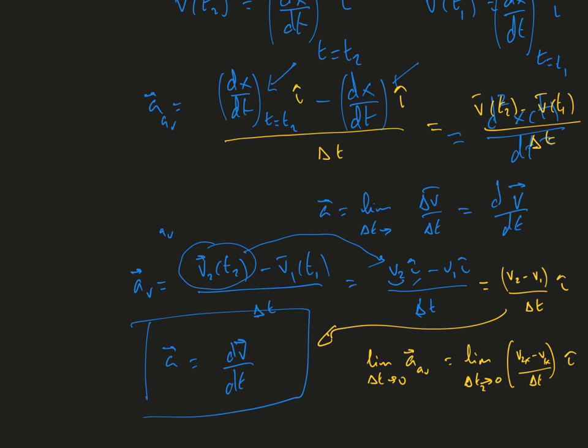So the vector A can be written also like this: A equals the derivative of the magnitude of v with respect to t, times I. So it's the derivative of vx with respect to t in the I direction. So this is the conclusion: A is in this case like this, but this will be a general equation in two or three dimensions.